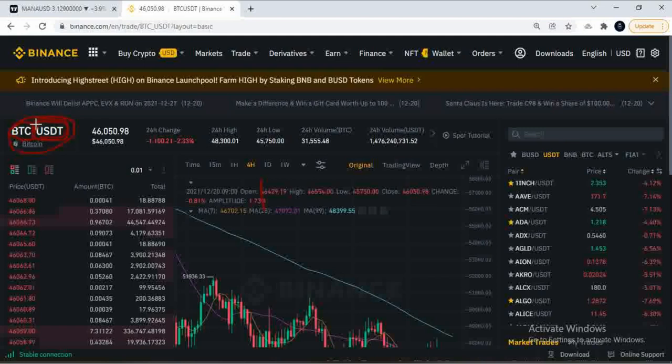What this means is what quantity of USDT can buy one BTC. Let me go ahead and explain it one more time: what quantity of USDT can buy one BTC?